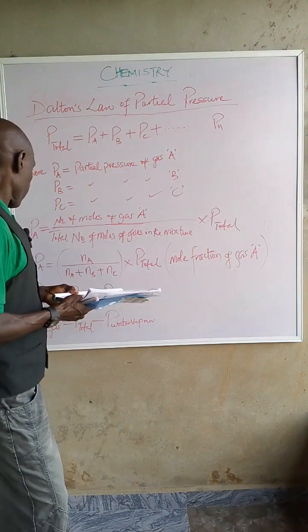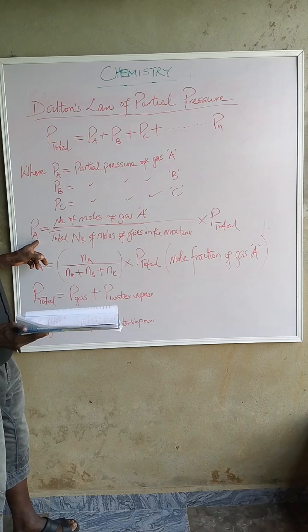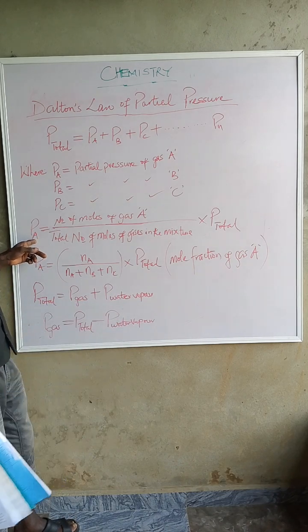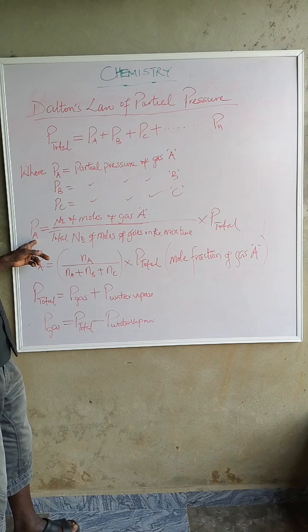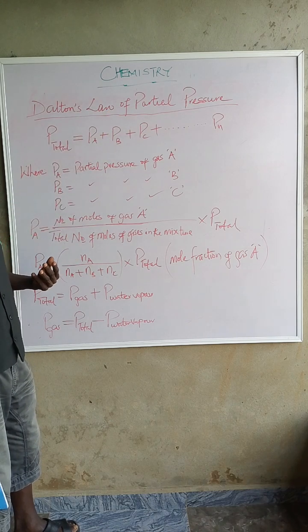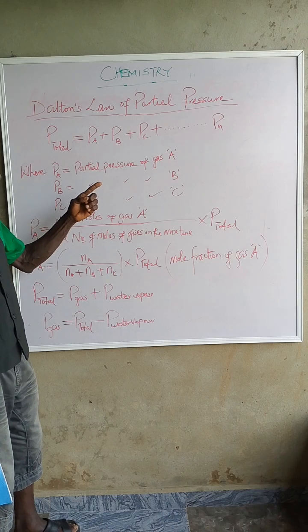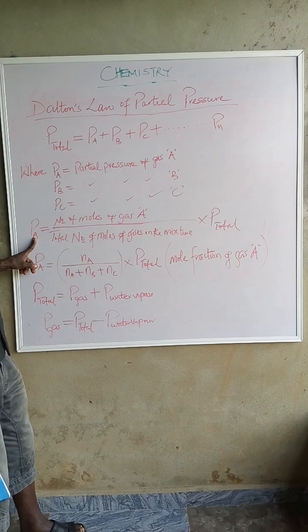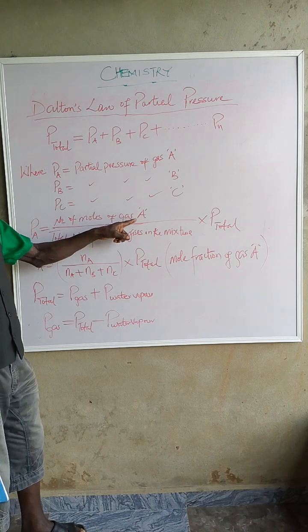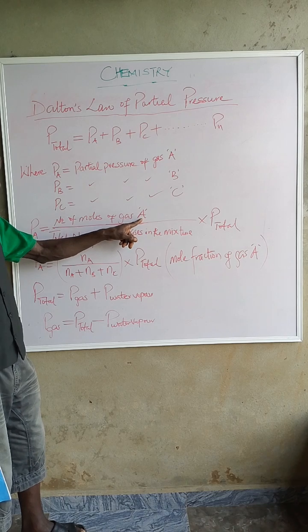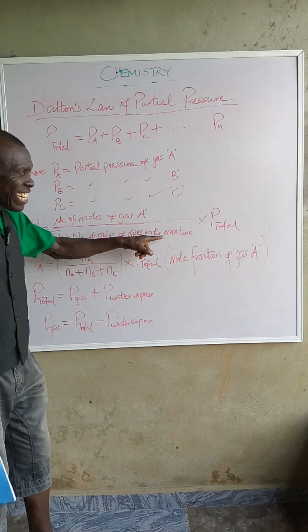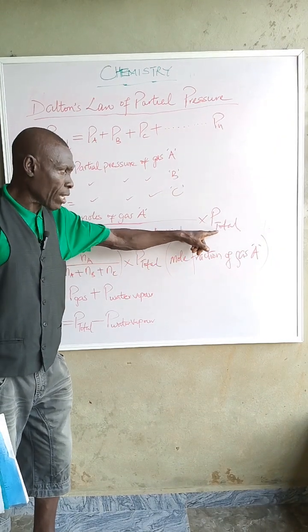Now look at it here. To know the partial pressure of gas A, because they are already in a container, how do you determine the pressure of A and B and C individually? The partial pressure of A, B or C can be calculated by the number of moles of the gas, for example gas A, over the total number of moles of gases in the mixture, times the total pressure.